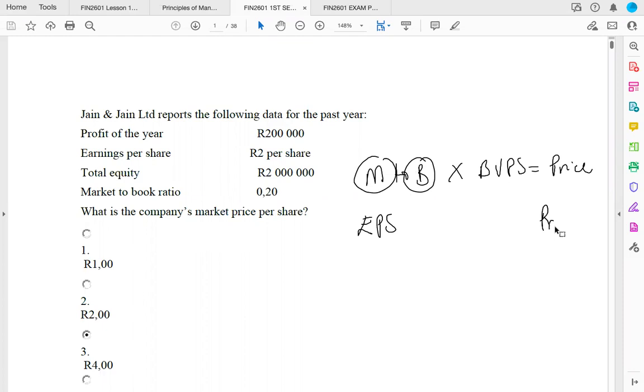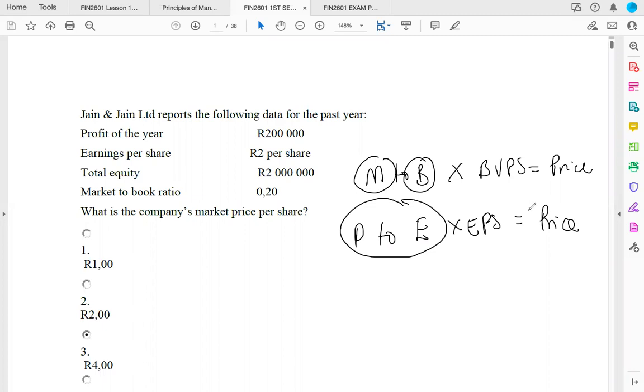The same follows if you've been given, for example, the earnings per share, and you want to get the price per share. Sorry, if you've been given the price to earnings ratio, you can simply take your price to earnings ratio and multiply it by the earnings per share, and it will give you the price of the share. So these are just two important formulas to remember to help you calculate the price per share, right?